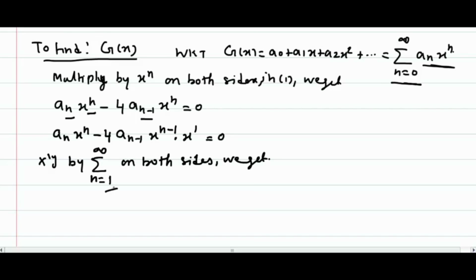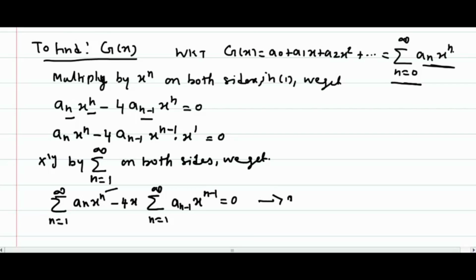So if we do this, we get summation n = 1 to infinity of a_n x^n minus 4x, since x is a constant we take it outside, summation n = 1 to infinity of a_{n-1} x^{n-1} equal to 0. We consider this as equation number 2.